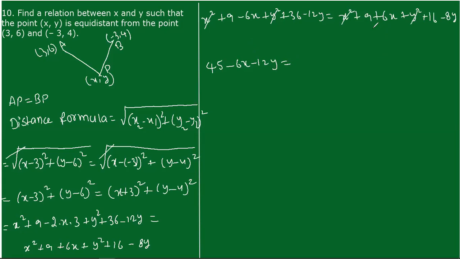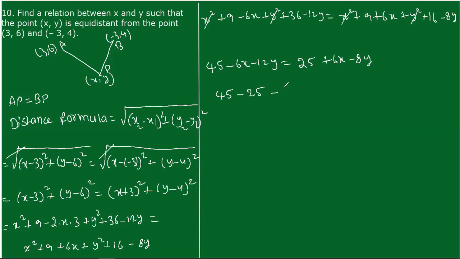Now on the right side, 9 plus 16 is 25, and the variables are 6x and minus 8y. Now let's take all the variables and constants together. Here I have 45. I'm taking this 25 to LHS, it becomes minus 25.